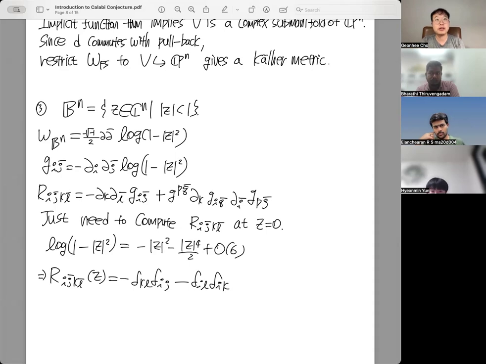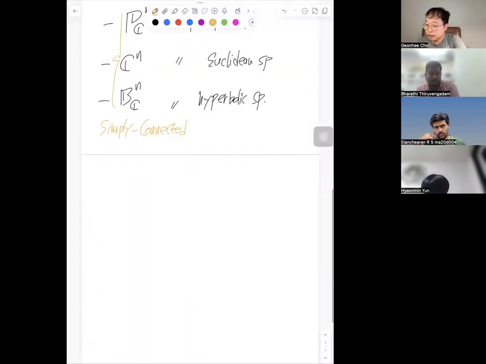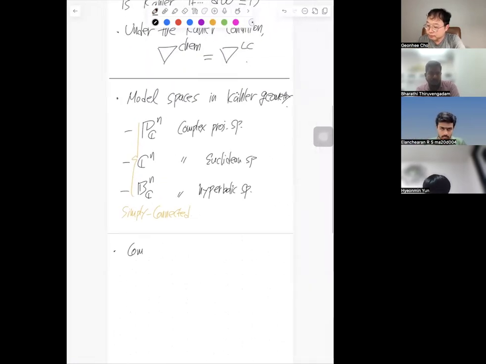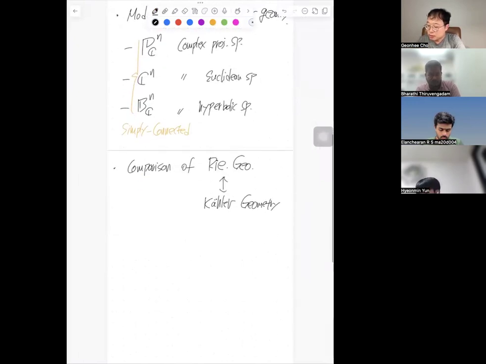The reason is the following. In differential geometry, it is based on the comparison of Riemannian geometry and complex geometry, let me say Kähler geometry. So what's the difference? Let me say it this way.